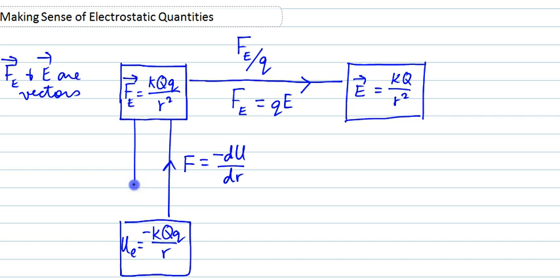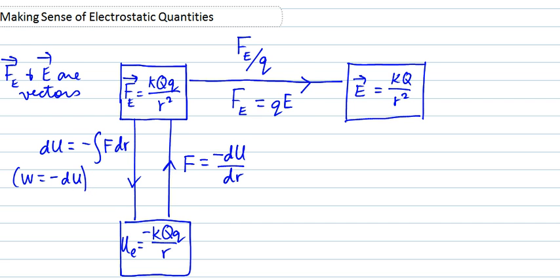And we also remember that in order to find work or potential energy, we take the integral of F dr, and that gives us potential energy. Just a reminder that work is negative change in potential energy.